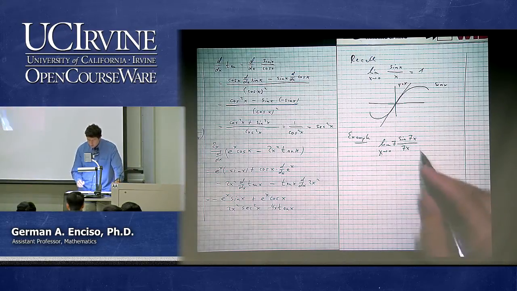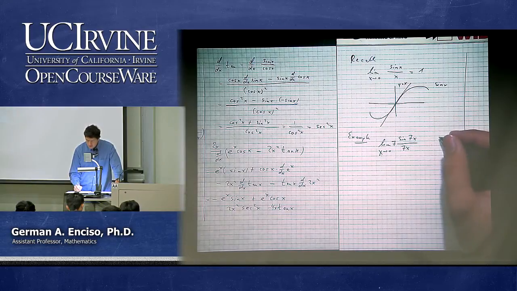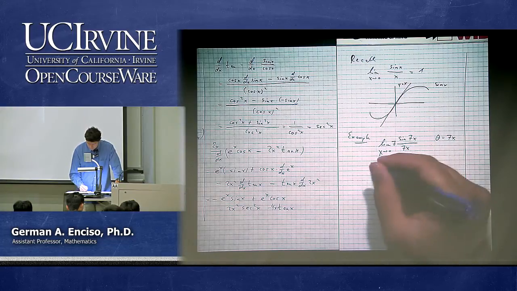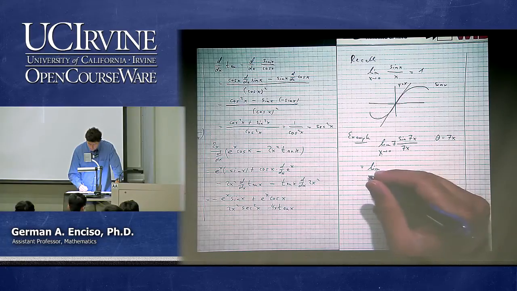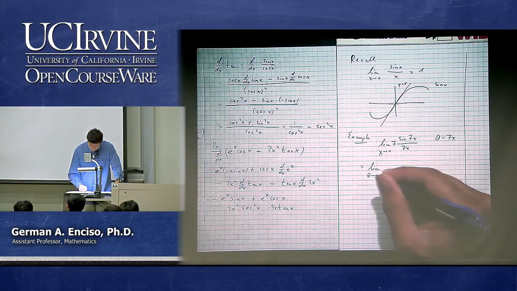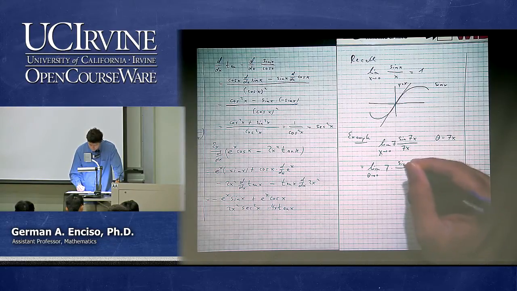That's the trick. If you want to think about it in these terms, you can define a new variable, for example theta, to be equal to 7x. And this is the same thing as the limit when theta goes to 0 of 7 times sine of theta divided by theta.